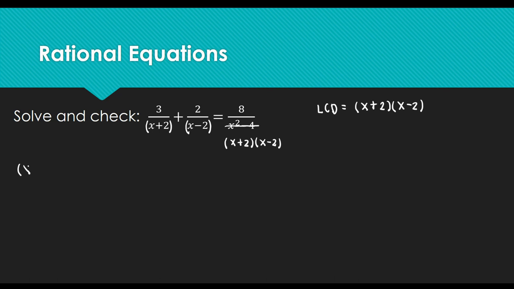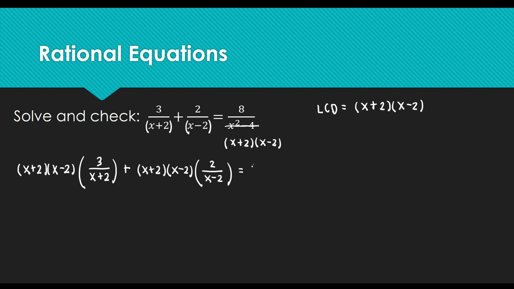So we're going to have x plus 2 times x minus 2 getting multiplied by that fraction of 3 over x plus 2. Plus, then we'll have x plus 2 times x minus 2 being multiplied by the fraction of 2 over x minus 2. That equals x plus 2 times x minus 2 getting multiplied by 8 over, and then I'm going to just leave it as that factored denominator.